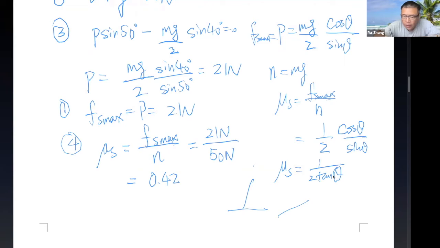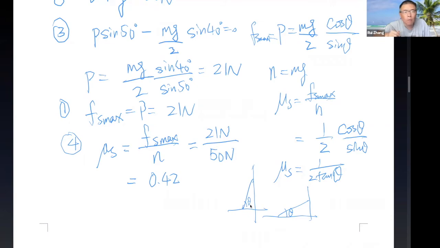The smaller theta you have, the smaller tangent you have, the larger mu s you need. When theta is small, this thing is tilted really far, so you definitely need a larger mu s to make sure there is no sliding. On the other hand, when theta is large, tangent theta is large, so 1 over tangent theta is small, so you need only a small mu s to keep everything safe.